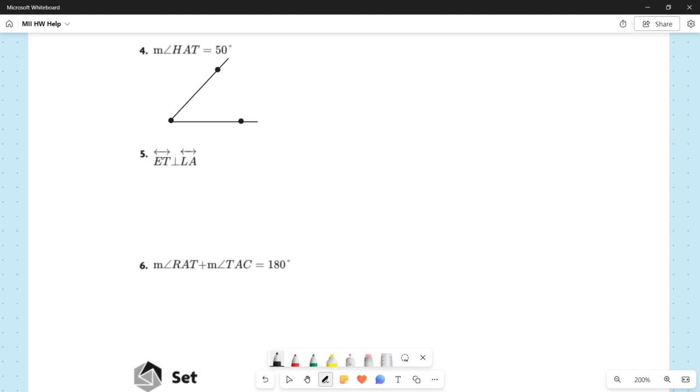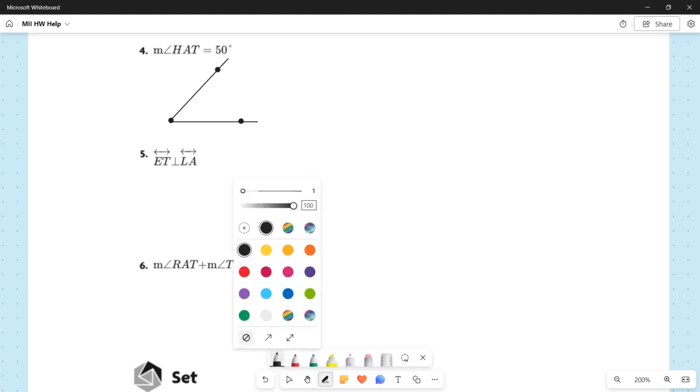And the piece that we're really locked into is that the letter at our vertex, where these two rays meet, has to be A. So that point there has to be A, the middle point. My other 2 points, I can mix them up. It doesn't really matter. So I'll just put H up here, and I'll put T right there. If those were flipped, that's fine. And the angle that we're talking about is right there, because HAT, and that's 50 degrees.